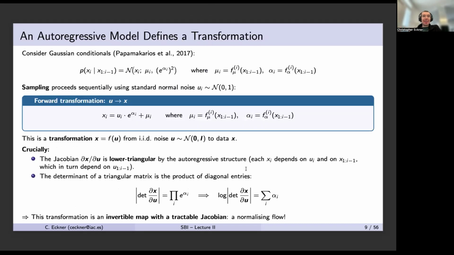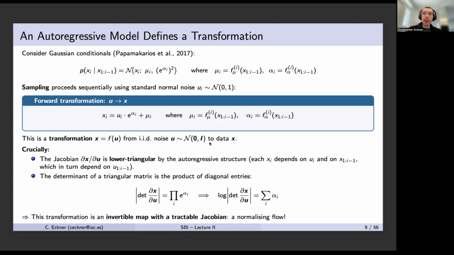For this type of transformation, there are different ways you can implement them. So let's start with the autoregressive model in its simplest form, which starts with Gaussian conditionals. You can, for example, imagine that you now want some kind of joint posterior over parameters, and all of the conditional probabilities are modeled as a Gaussian.